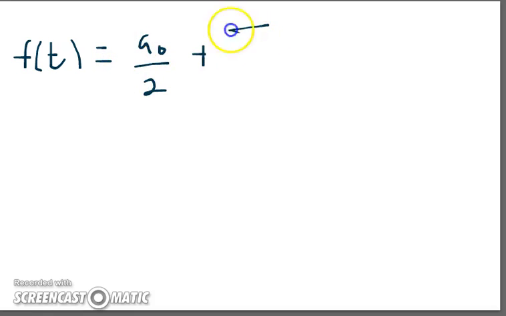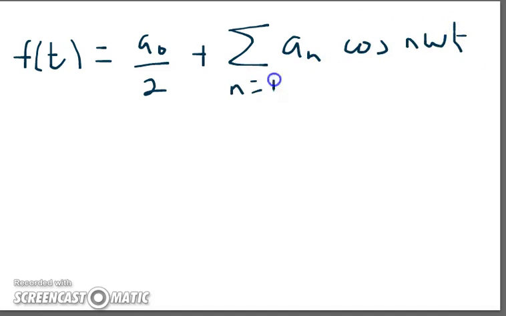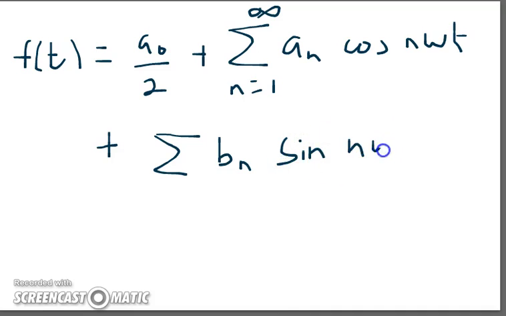So using the formula that f(t) equals A naught over 2 plus summation of An cos n omega t for n starting from 1 to infinity, plus another summation of Bn sin n omega t for n starting from 1 to infinity here.